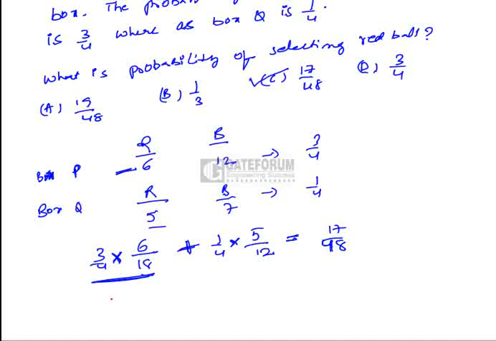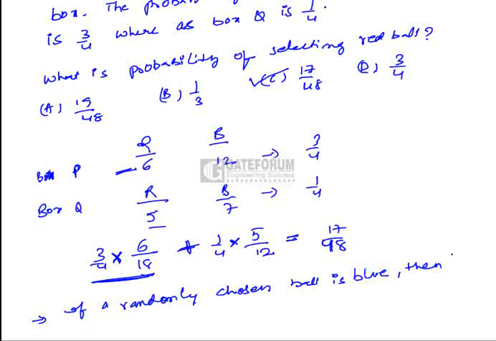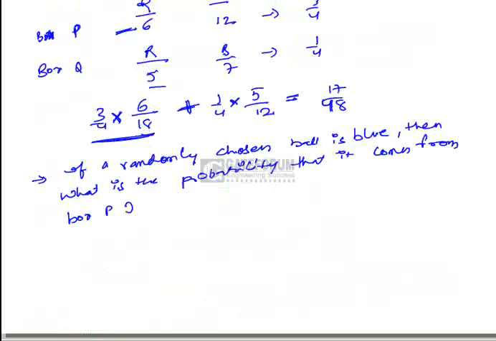So the second question for the same data is, if a randomly chosen ball is blue, then what is the probability that it comes from box P?